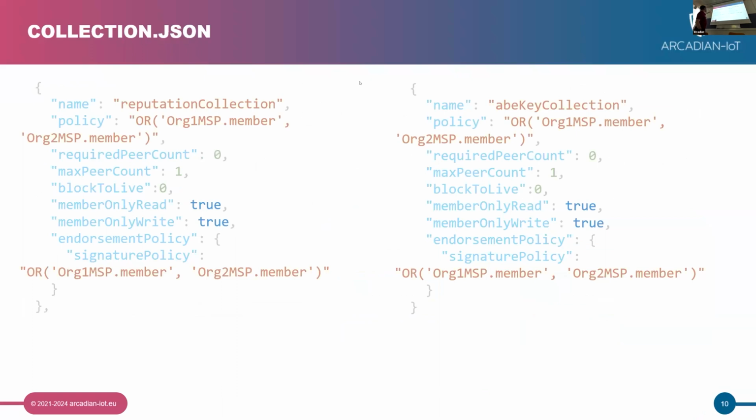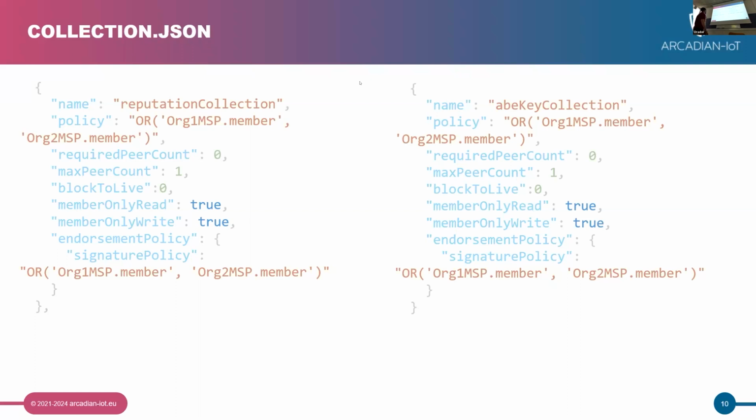On the policy side, you put the members that are going to communicate. In the case we have, for example, more organizations, you put there 3 or 4 or 5, and then they can communicate. The max peer count means the maximum number of peers.